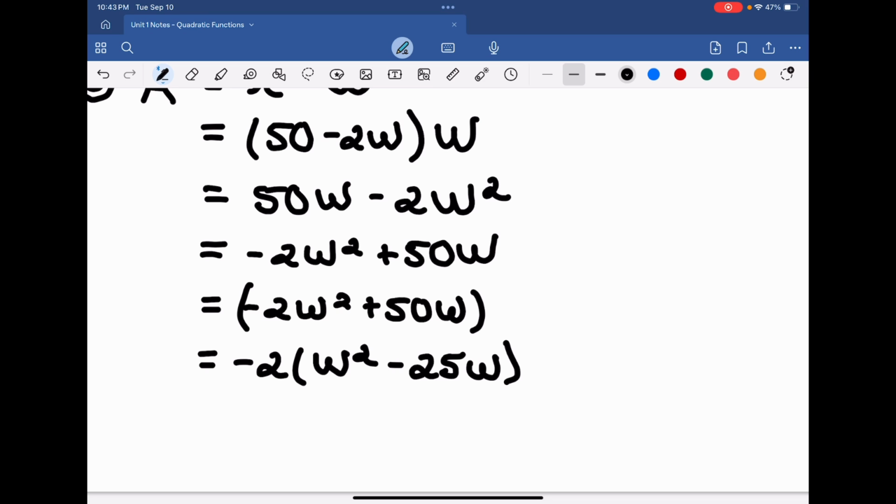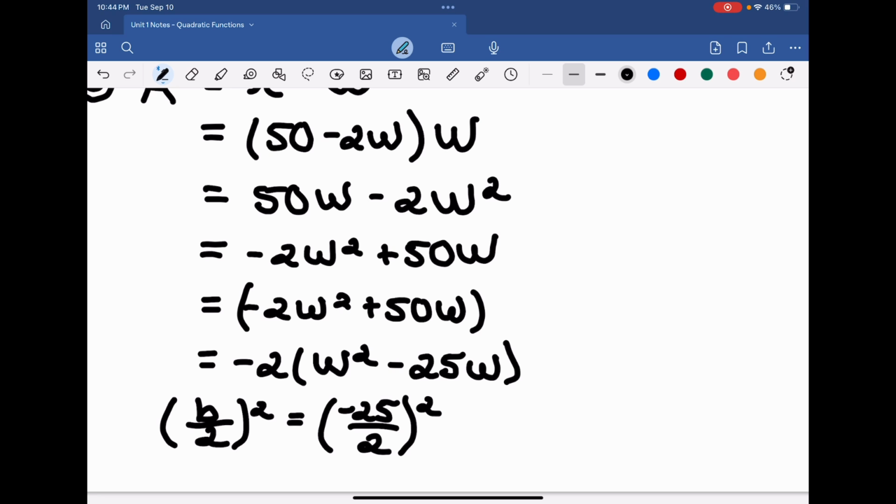Now what we want to do is take the b divided by 2. So I'm going to go b divided by 2 and square it. In this case, it is negative 25 divided by 2 all squared. Well, negative 25 divided by 2, just to make sure we have this right, we took out a 2, divided it, awesome, perfect.